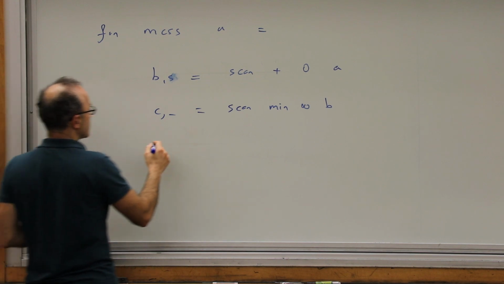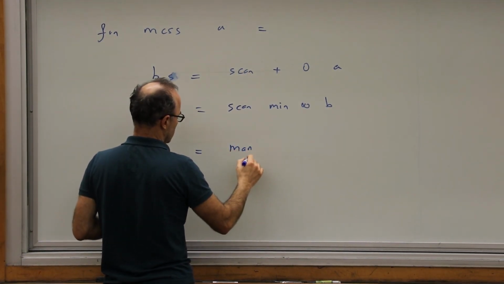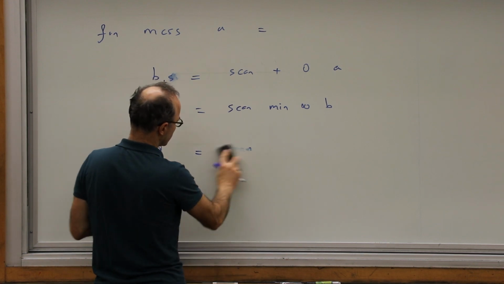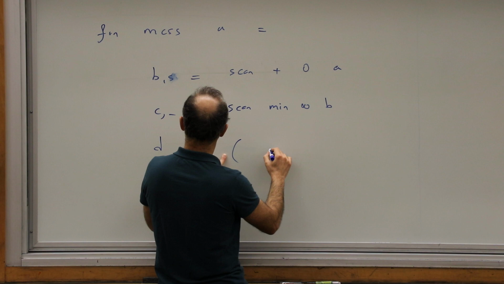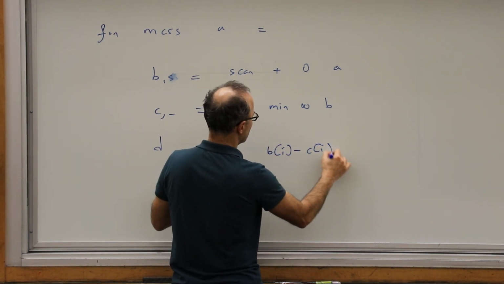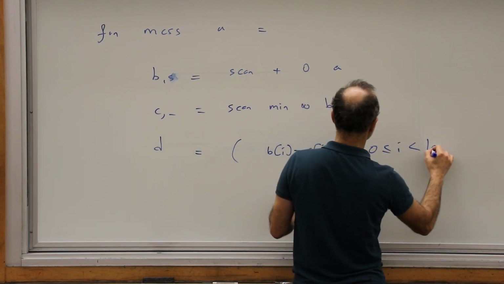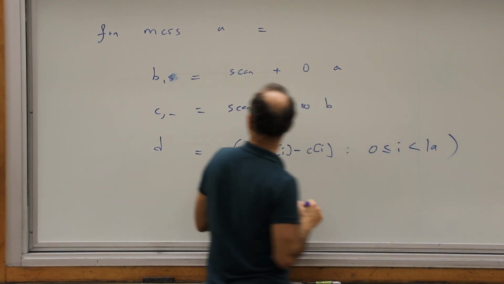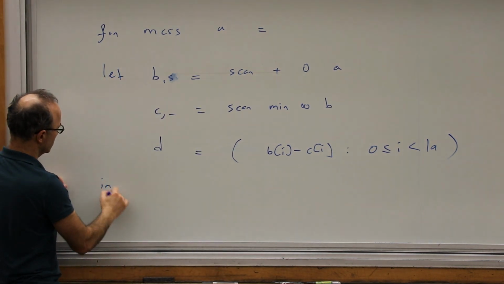What we need is a map, a tabulate. We're going to do B_i minus C_i for each i between 0 and the length of A, and pick the max.